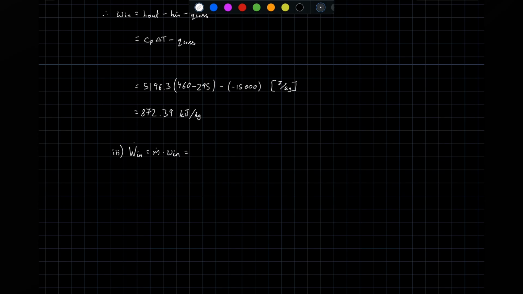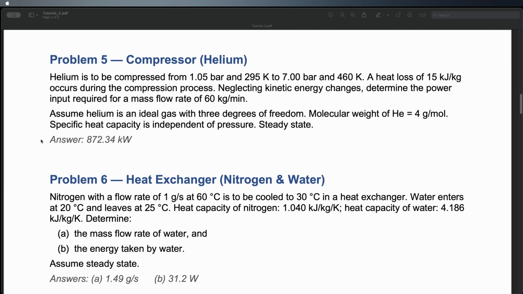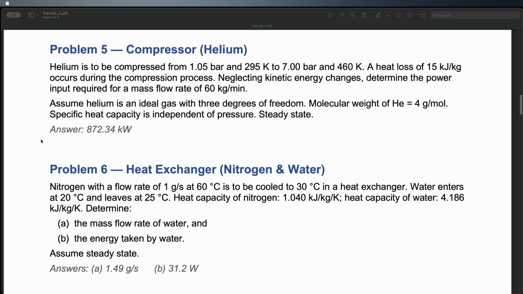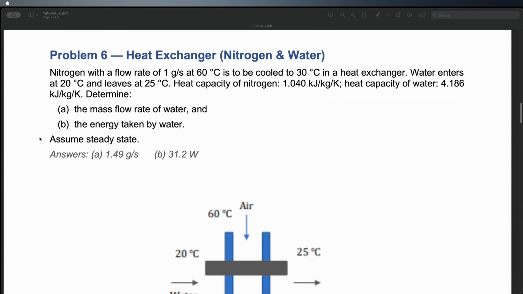So we have a target of 1 kilogram per second, so that's just 1 times W in, which is 872.4 kilojoules per second, which is 872.4 kilowatts, which is slightly off from the PDF, but again, rounding error somewhere. The procedure is what's important here, I think.